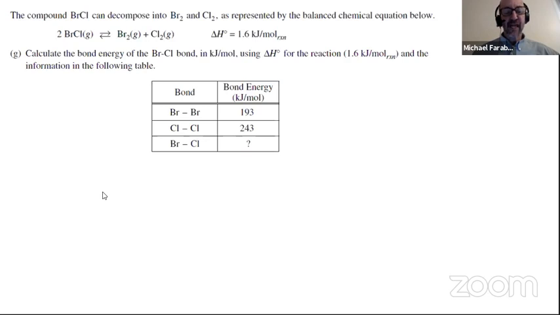So as you can see in the table, we have the bond energy between 2 bromines, between 2 chlorines, but there's a question mark between the bromine and the chlorine. So calculate the bond energy of the BrCl bond in kilojoules per mole using the delta H for the reaction, 1.6 kilojoules per mole of reaction, and the information in the following table.